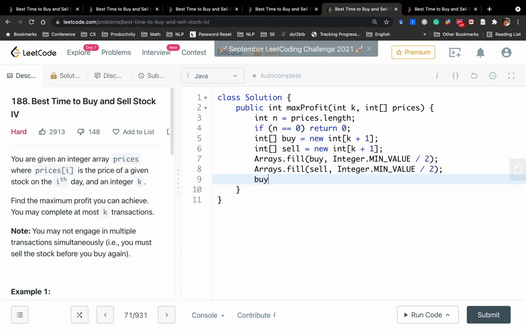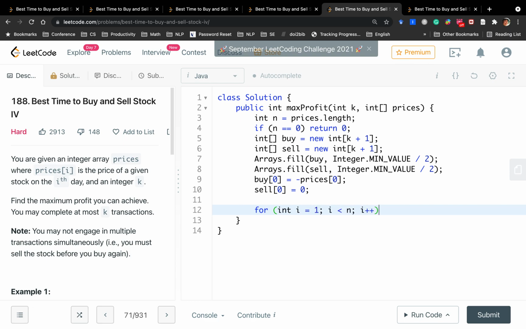And we know buy 0 should always be negative prices 0, and sell 0 will be 0. Okay, then int I equal to 1, I less than n, I plus plus.